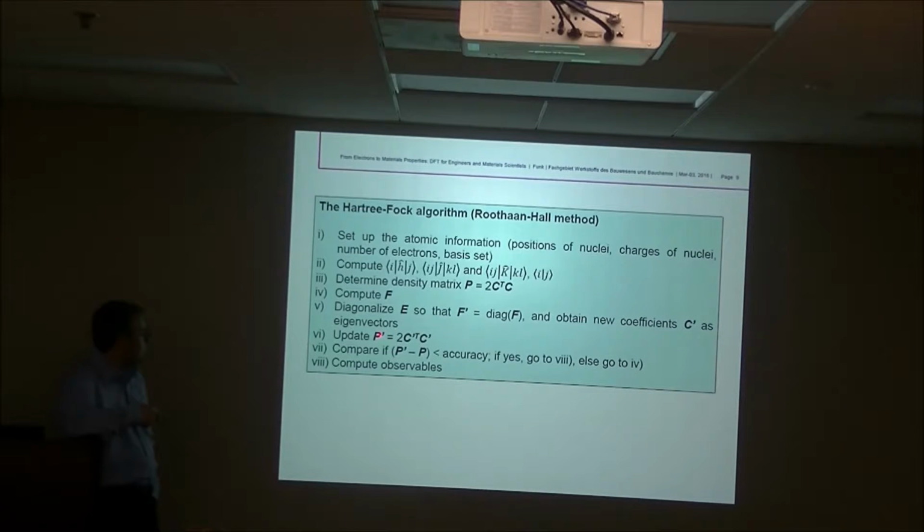Now P prime becomes our new P, is inserted here, we compute F with the new coefficients C, and so on. We continue until we have converged, which means that we have reached this condition that any change to the density is below the desired accuracy.